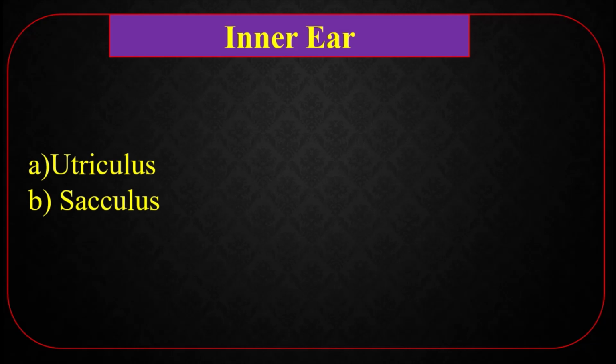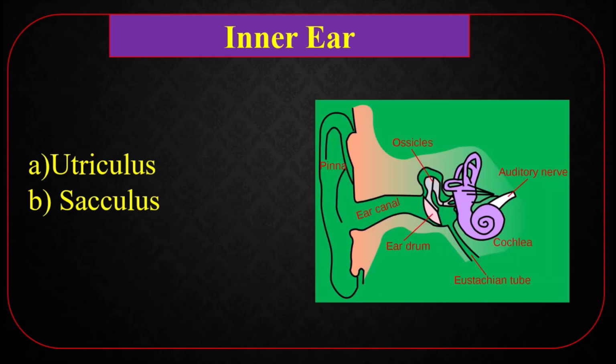The walls of the cochlea have auditory sensitive cells. The coiled tube is filled with fluid. Please follow the picture. This lower part of the inner ear is called sacculus, which contains the cochlea, and the upper part of the inner ear is called utriculus.